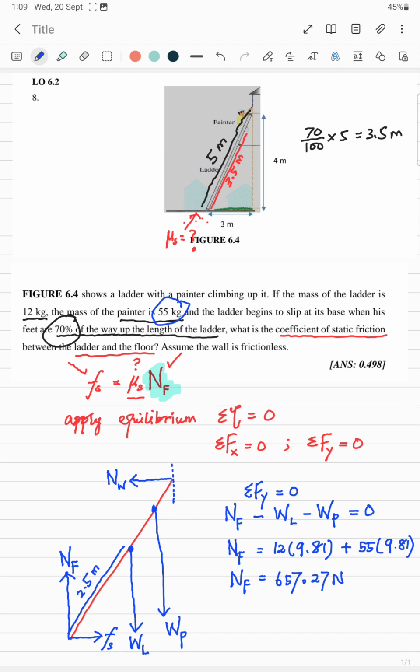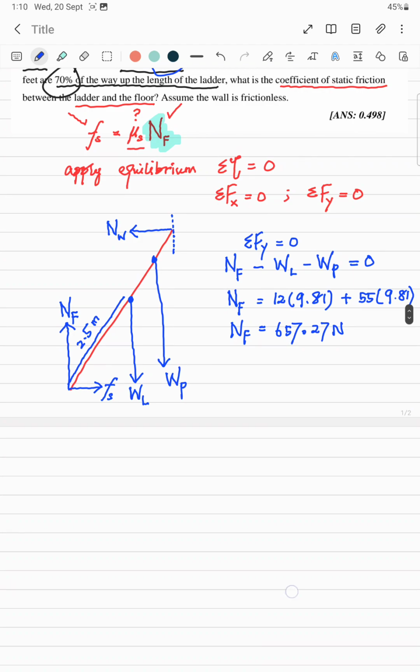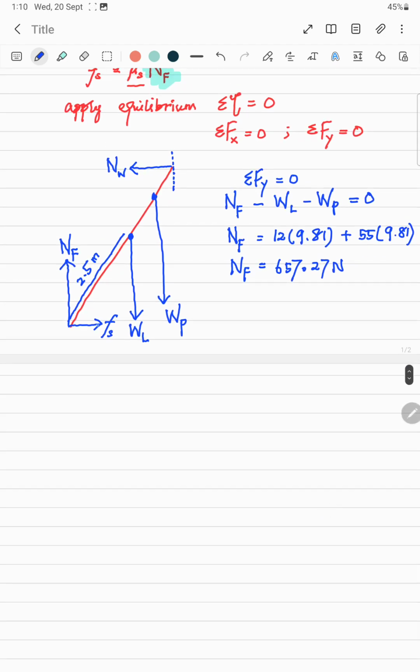Now I need to calculate the static friction force. To calculate the static friction force, Fs, I might apply another condition, the summation of force along the x-axis equal to 0.